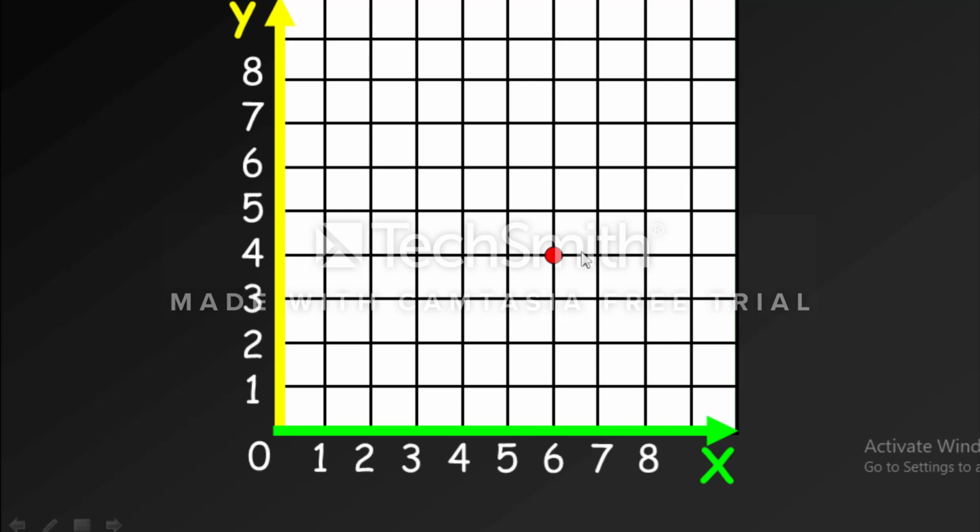Instead of moving to the right, like the previous examples, I will move to the left. 1, 2, 3, 4, 5, 6, and count the squares. So the x coordinate will be 6. Then instead of going up, I will go down. 1, 2, 3, 4. So my point is supposed to be 6 and 4.